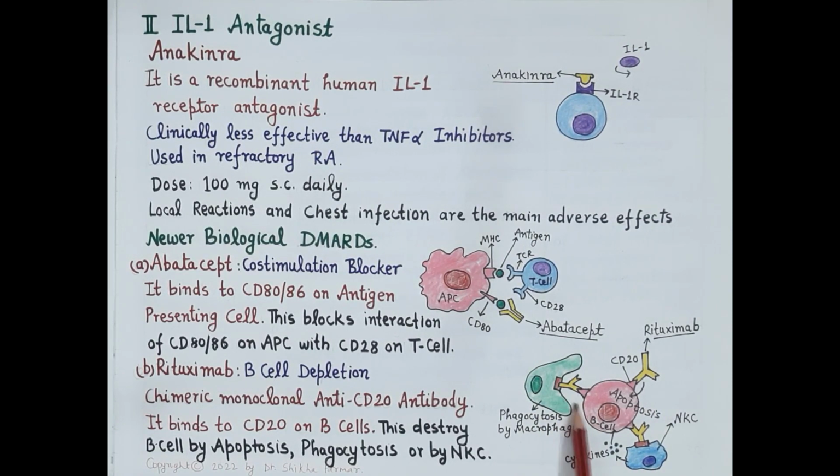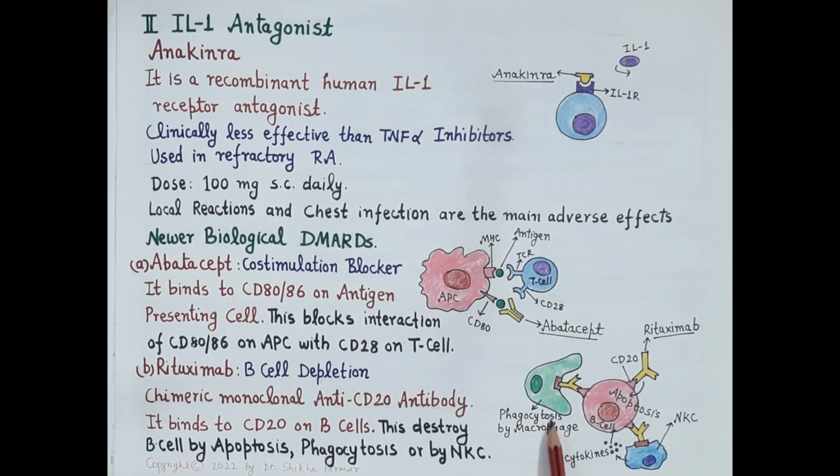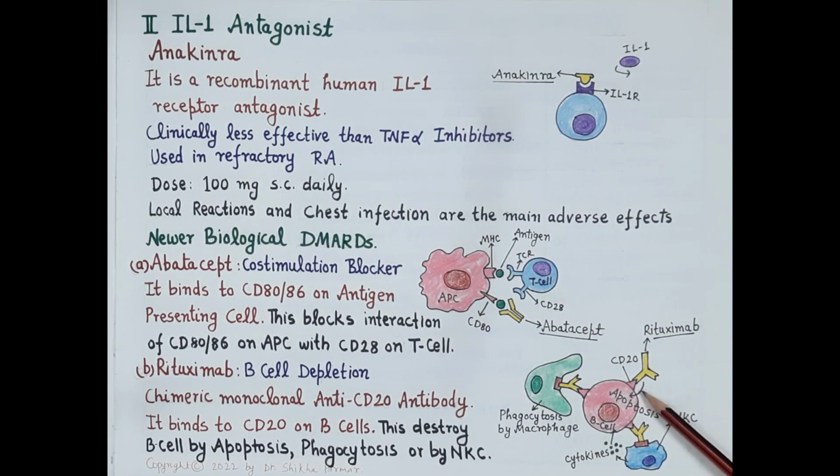So, rituximab combines with CD20 and activates the macrophages, which destroy B cells by the process of phagocytosis. Another method is by the activation of natural killer cells. So, rituximab combines with CD20 and activates the natural killer cells. Natural killer cells produce cytokines that destroy the B cells.